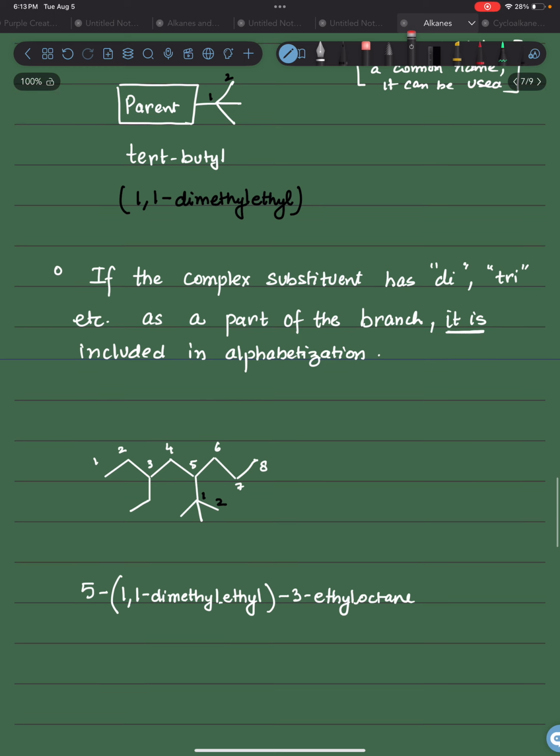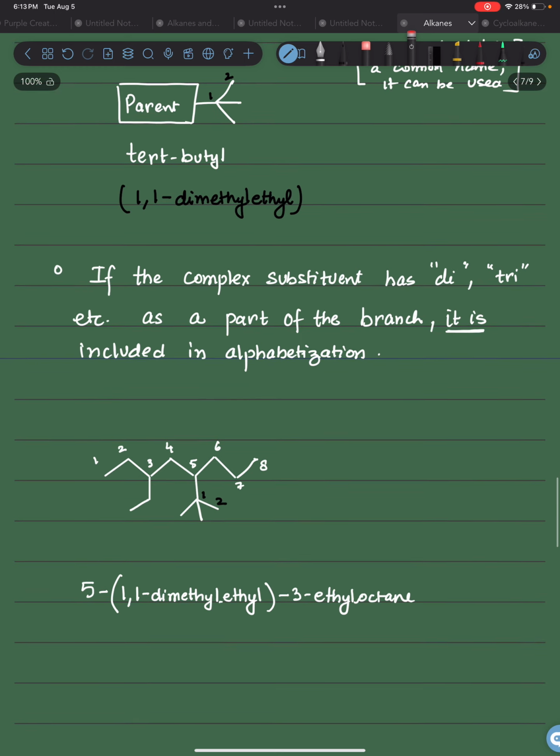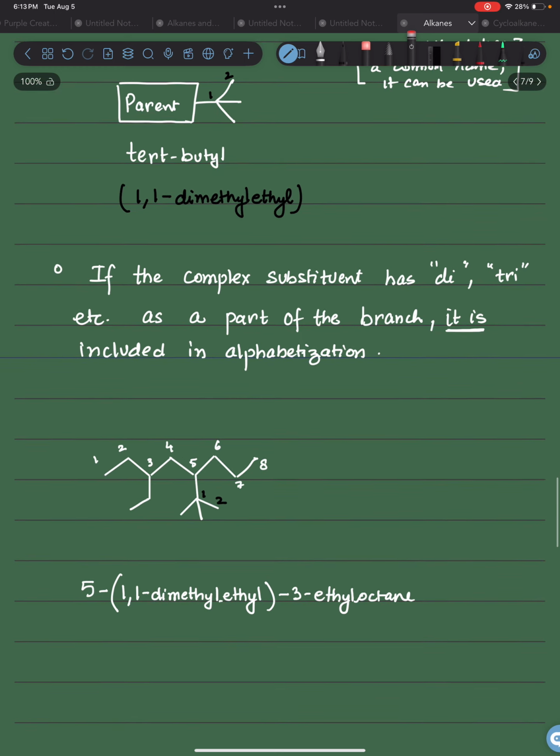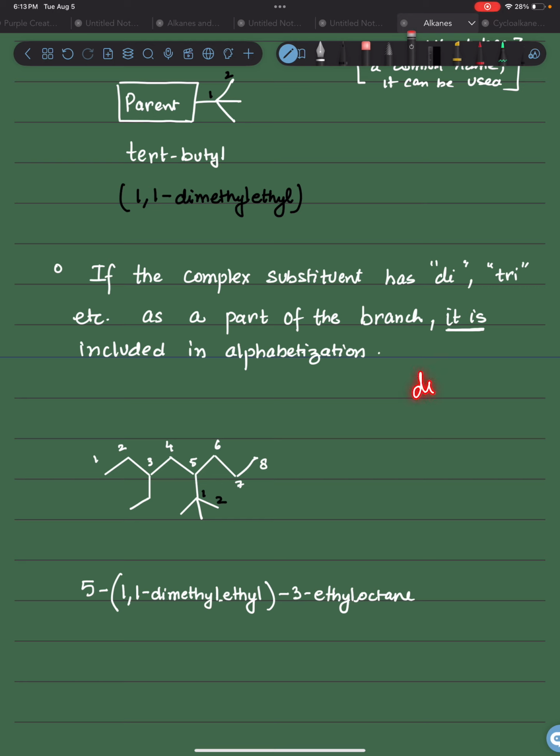If the complex substituent has di, tri, etc. as a part of the branch, it is included in the alphabetization. Normally, when we have simple chains, and suppose I have dimethyl and ethyl, I don't look at the D. I compare methyl with ethyl. But when it is part of a complex substituent, then we do consider the D with the E. In that case, dimethyl would get preference over ethyl, right?